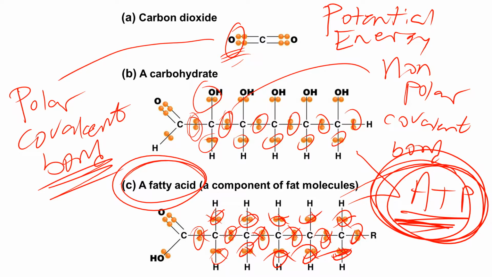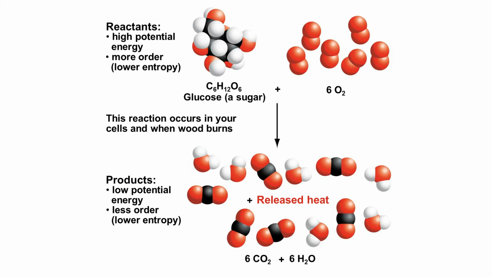Go back here and look at your carbohydrates: a high amount of potential energy. Here you have 1, 2, 3, 4, 5, 6 carbon atoms. Another sugar, basically something similar to glucose. Highly ordered structure, high amount of potential energy.